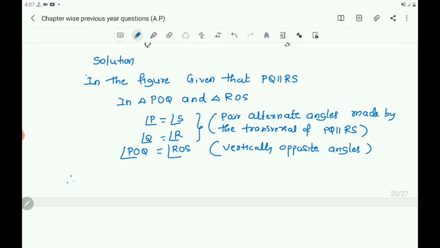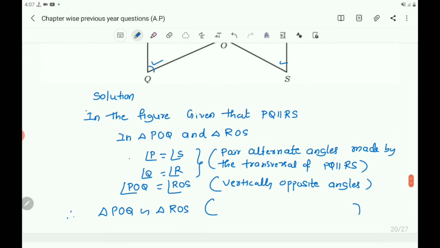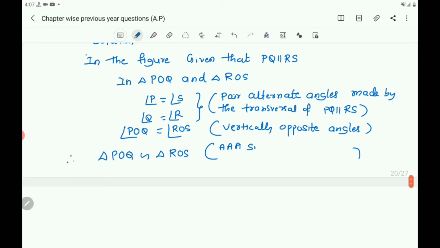Therefore, you can write triangle POQ is similar to triangle ROS according to AAA similarity criteria.